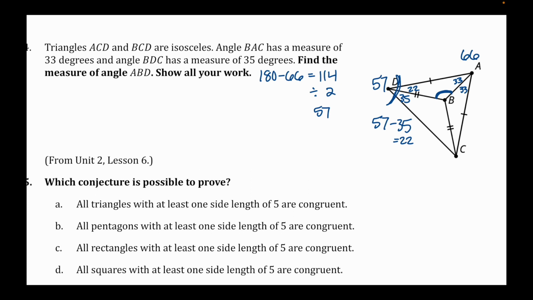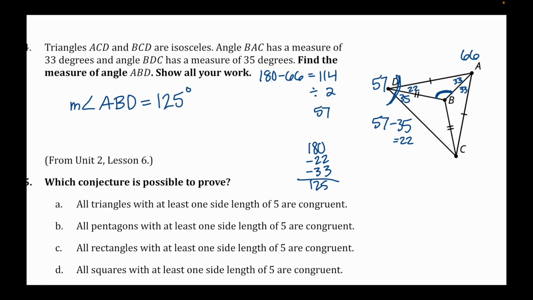So for my last piece, I can say 180, subtract 22, and subtract 33. And that would give me 125. So I can say measure of angle ABD equals 125 degrees.